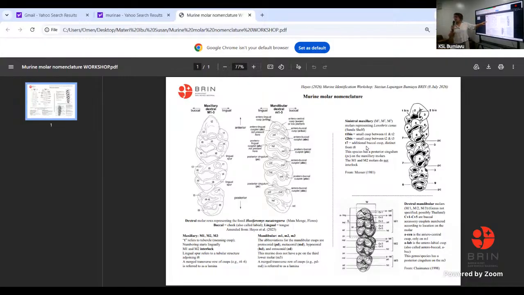Now, these have little numbers on them: T1, T2, T3, T4, T5, T6, T8, and T9. The T stands for tubercle, which is another word for cusp.